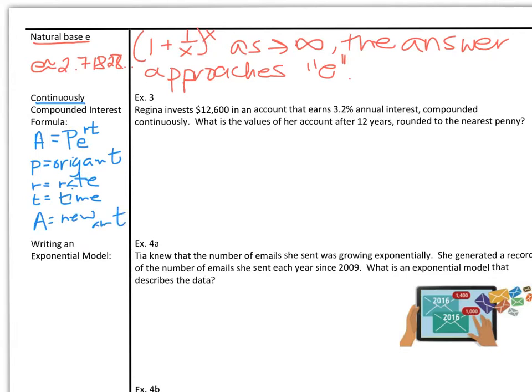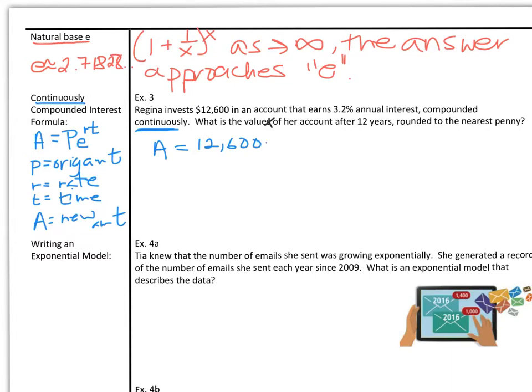All right, so let's take a look. It says Regina invests $12,600 in an account that earns 3.2% annual interest, but it's compounded continuously. There's our key word. What is the value of her account after 12 years, rounded to the nearest penny? Taking a look at our formula, A equals, P stands for our original amount, $12,600.